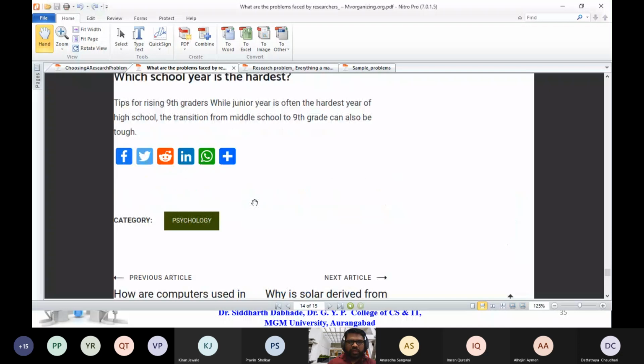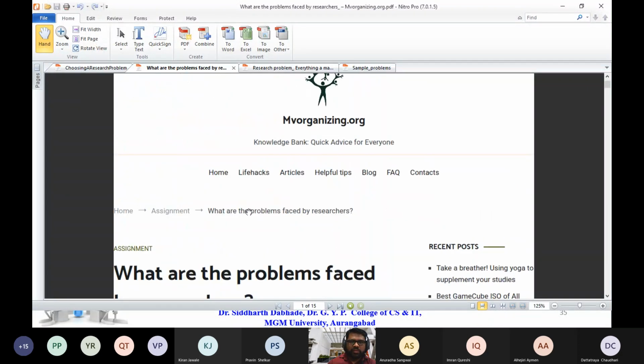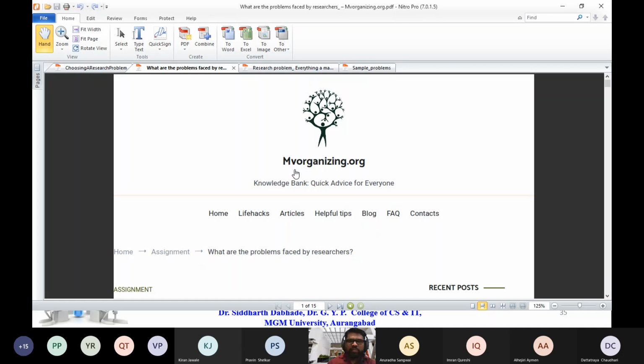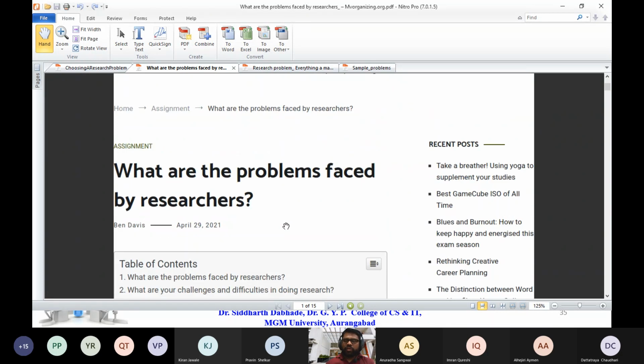I want to show you another thing. This is copied from this website. What are the problems faced by researchers? Already I have reported the problems faced by researchers in India according to Kothari's book.